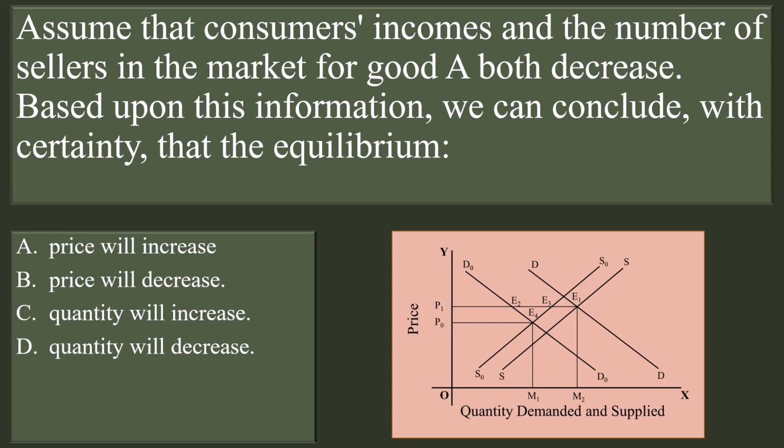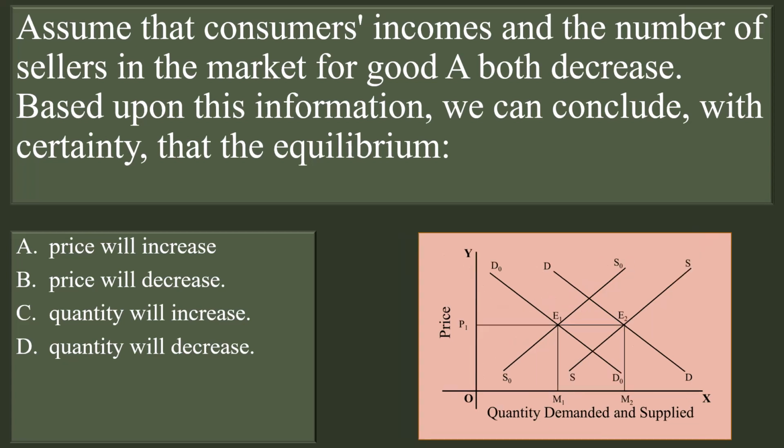Initial equilibrium E1, initial equilibrium price P1, initial equilibrium quantity M2. After the decrease, equilibrium is at E4, new price P0, which is less than P1, the new equilibrium quantity M1, which is less than M2. We can conclude in this case there is a decrease in quantity and a decrease in price.